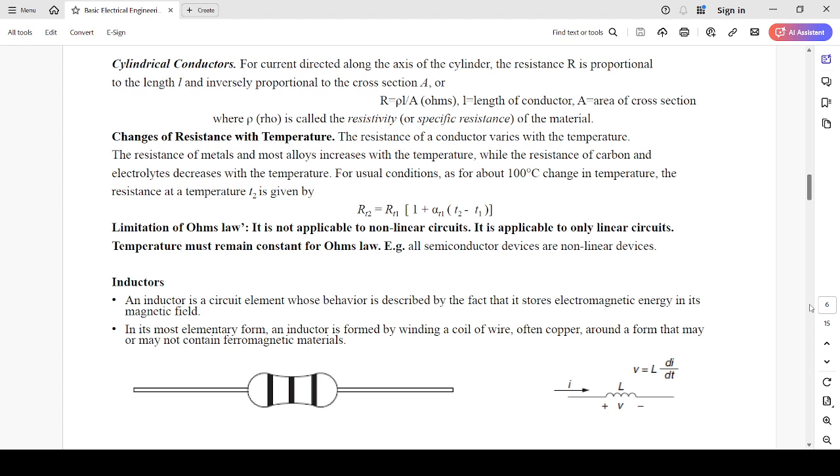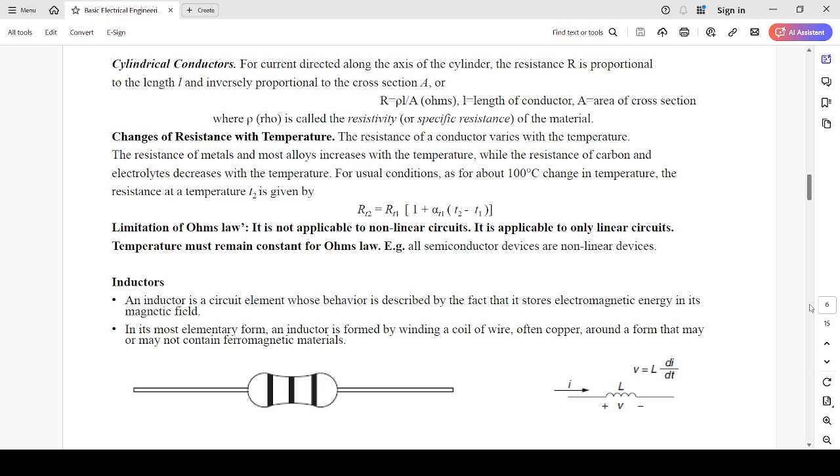Area of cross section, we know the common formula, that is pi r square or pi d square by 4, where r is the radius and d is the diameter of the conductor. In this formula, the constant rho is known as the specific resistance of the material. It is also known as the resistivity of the material.